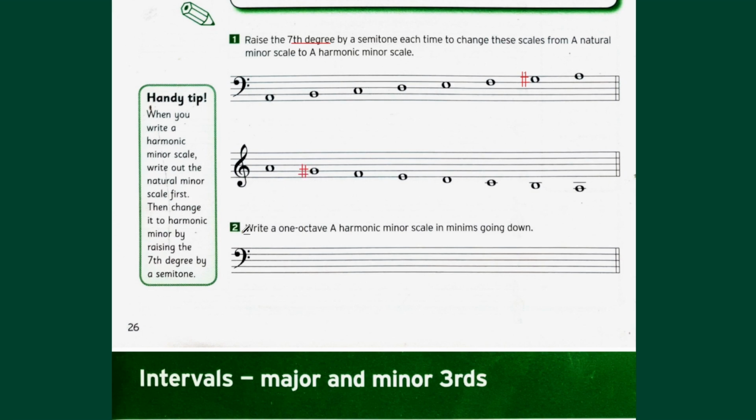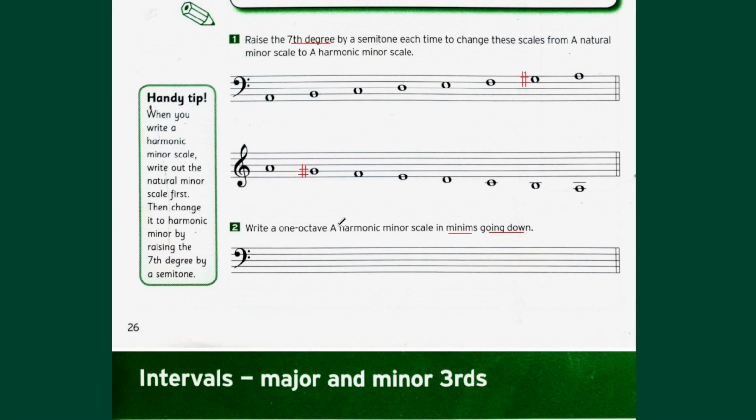Let's take a look at question 2. Write 1 octave A harmonic minor scale in minims going down. So first thing we have to check is the clef. You can see this is a bass clef, and next thing we have to check is the key signature. So A harmonic minor shares the same key signature as C major.